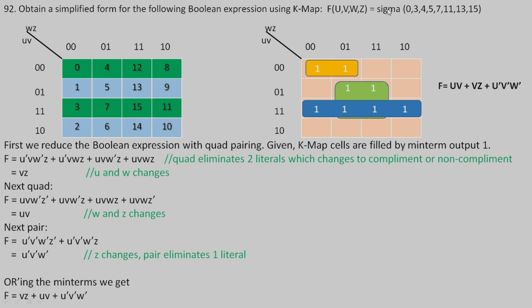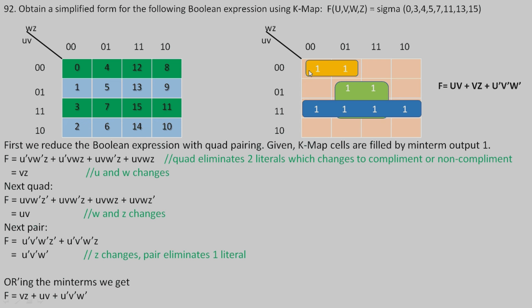Since sigma represents the SOP, that means the minterm SOP, and in a minterm the function output is represented by the value 1, and for a maxterm the function output is represented by the value 0.